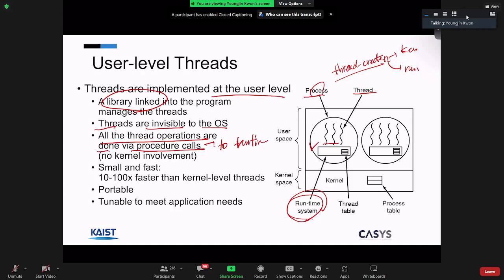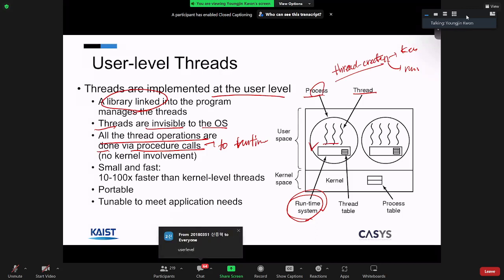So for creation and deletion, comparing kernel and user thread implementation, which one is lightweight and faster? User level thread versus kernel level thread, obviously, user level thread implementation is much faster. Okay. So 10 to 100x faster creation time than kernel.